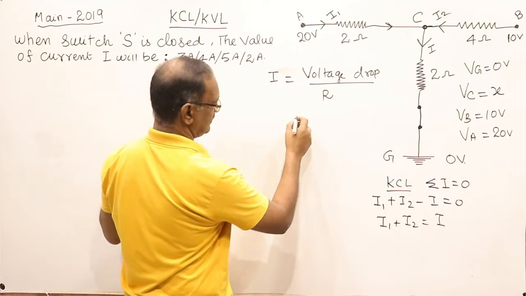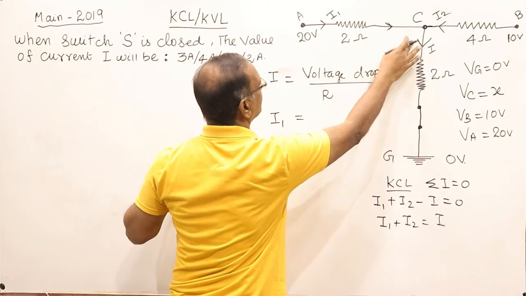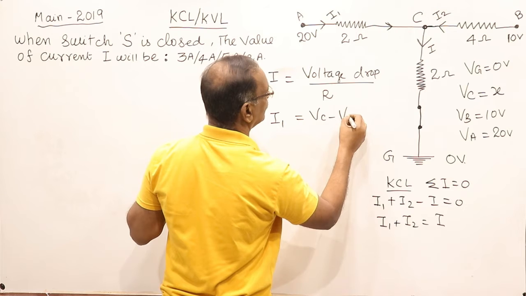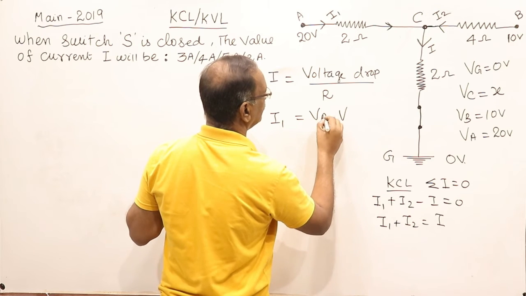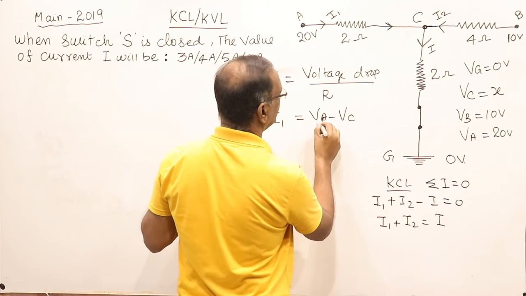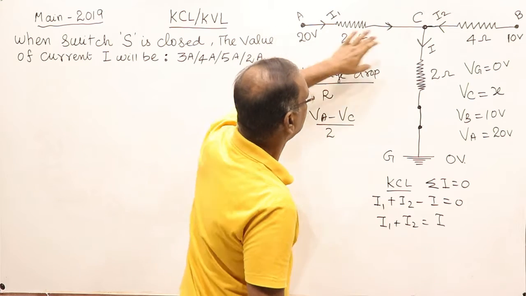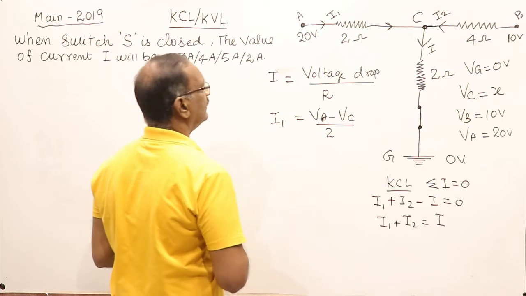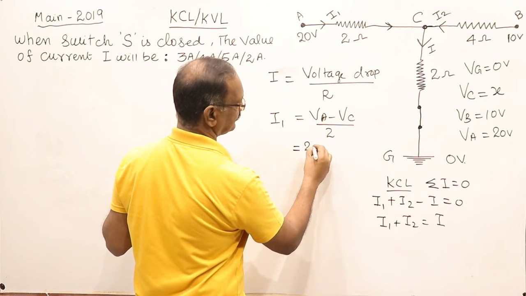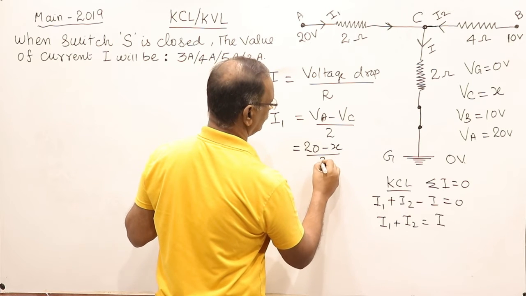So I1 is equal to VA minus VC divided by the resistance, where VA is equal to 20, VC we do not know, we keep it as X, and the resistance is 2.